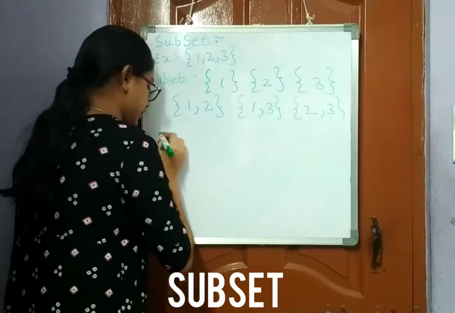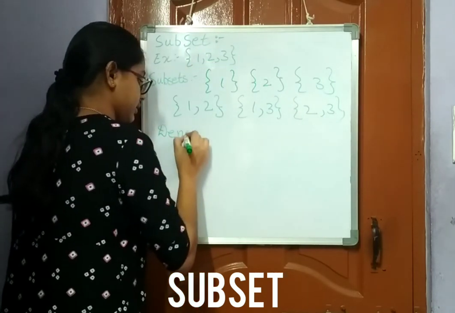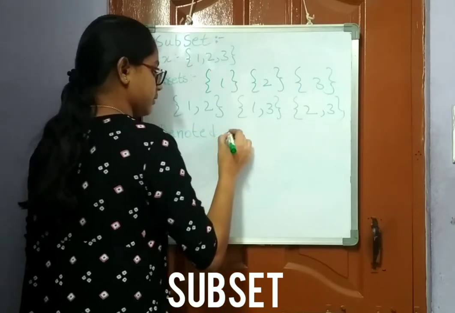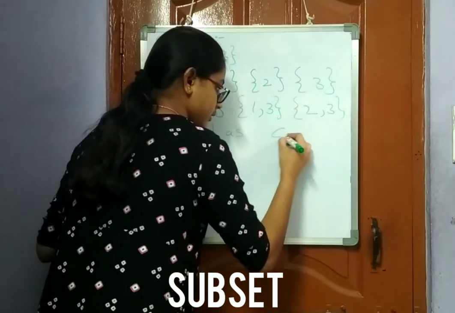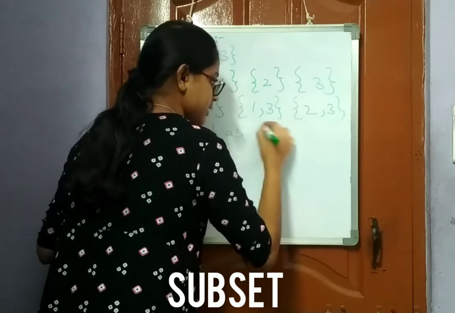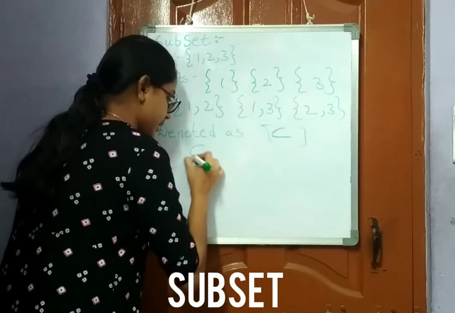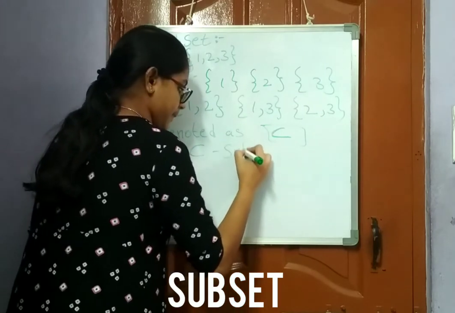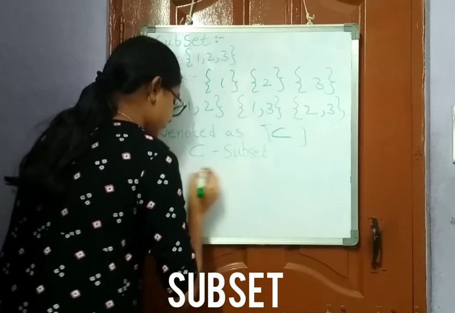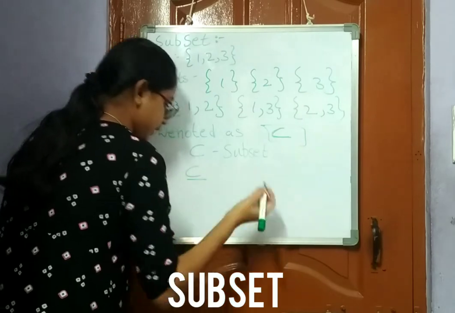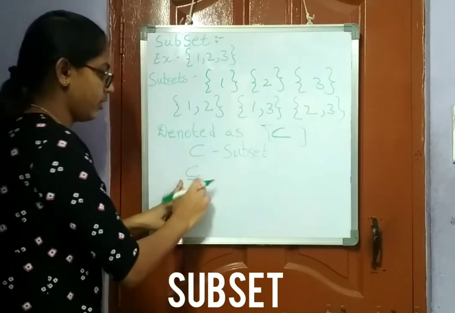Subset is denoted as this. This is the symbol by which subsets are denoted. Subset. This is subset or equal to. Subset or equal to.